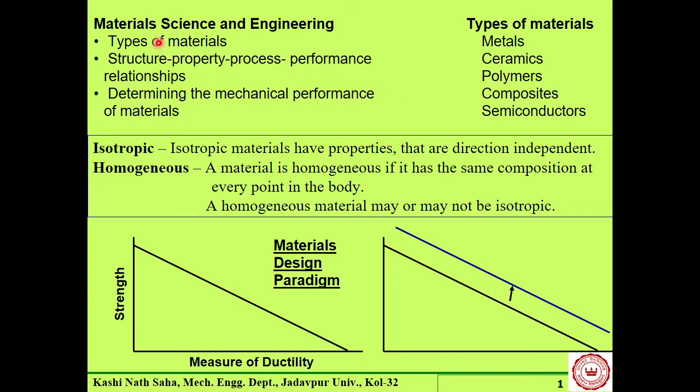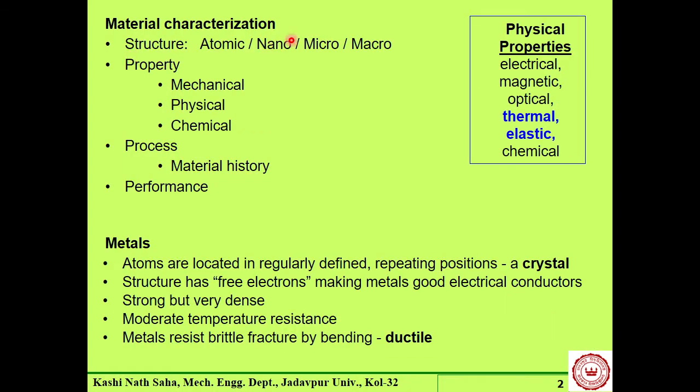So, here you see, for a particular material the property depends on the structure of the material. This means a particular material can have different types of structures. You recall the iron carbon diagram. This comes from our atomic structure and other things.